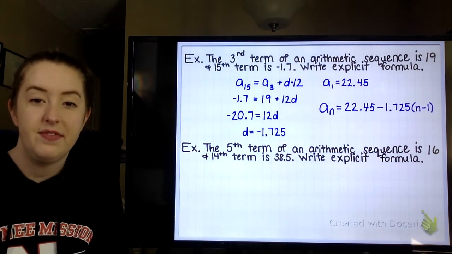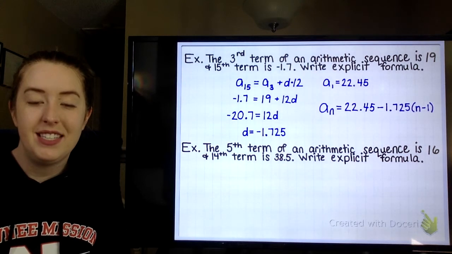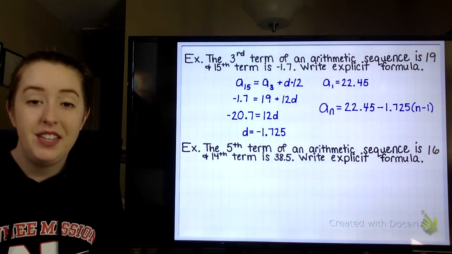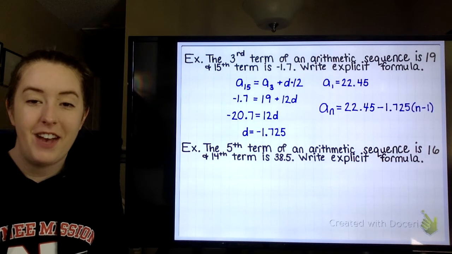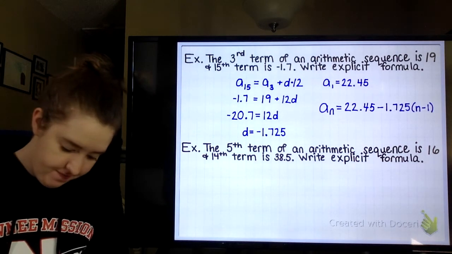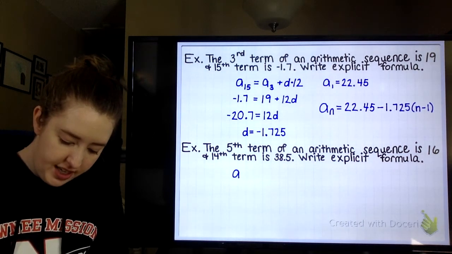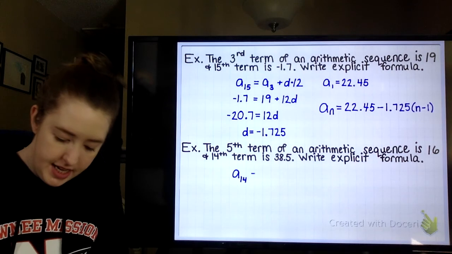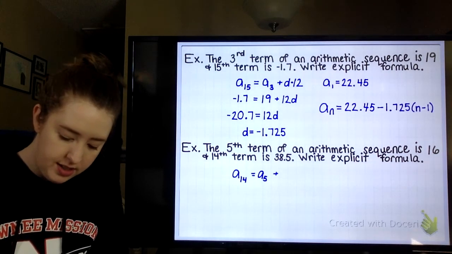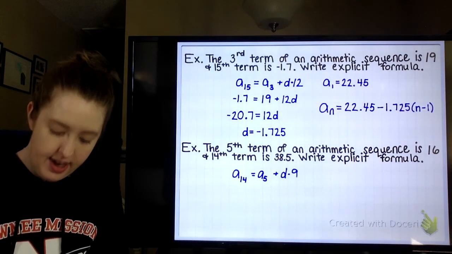Good deal. All right. The fifth term of an arithmetic sequence is 16, and the 14th term is 38.5. Write the explicit formula. All right, here we go. So the 14th term is equal to the fifth term plus the common difference happening 9 times.